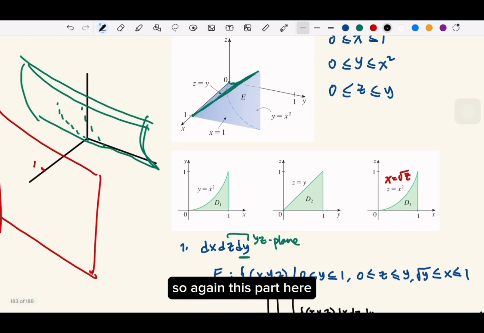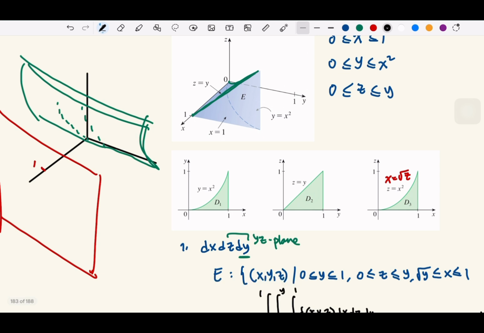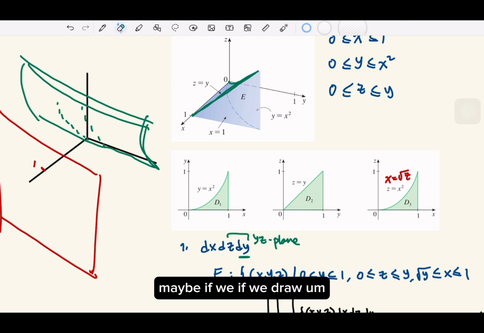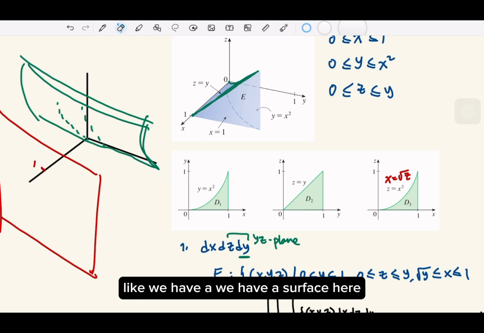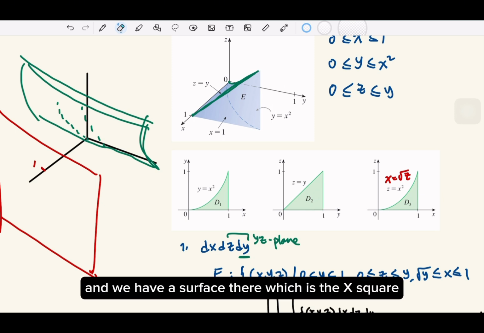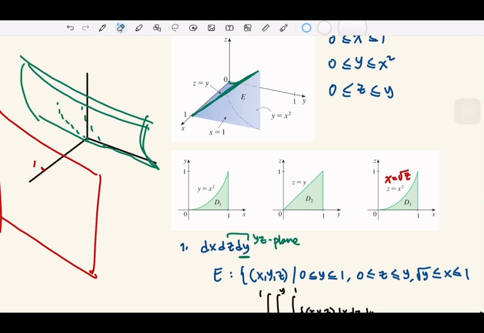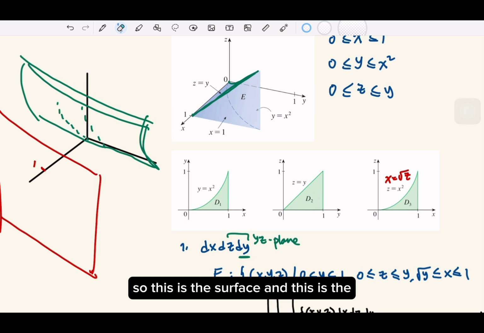So again, this part here, maybe if we draw, like we have a surface here, and we have a surface there, which is the x squared. So this is the surface, and this is another surface.